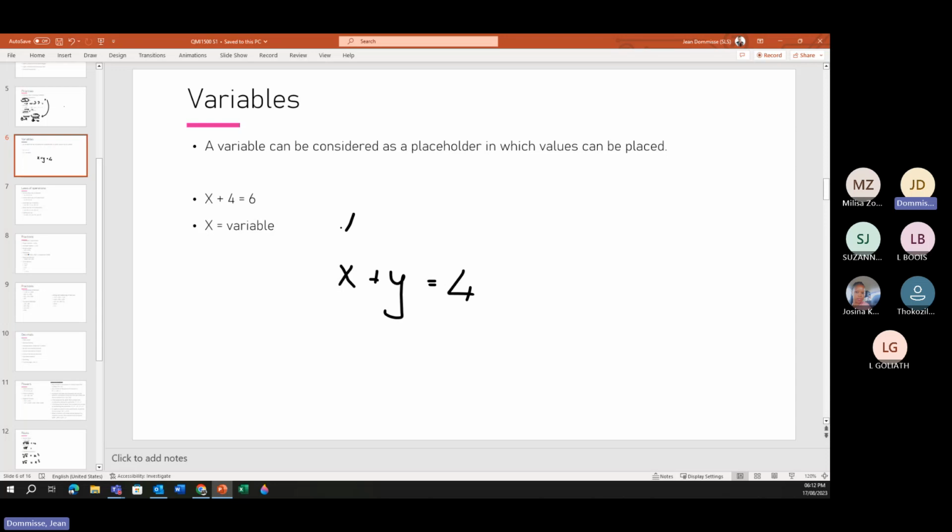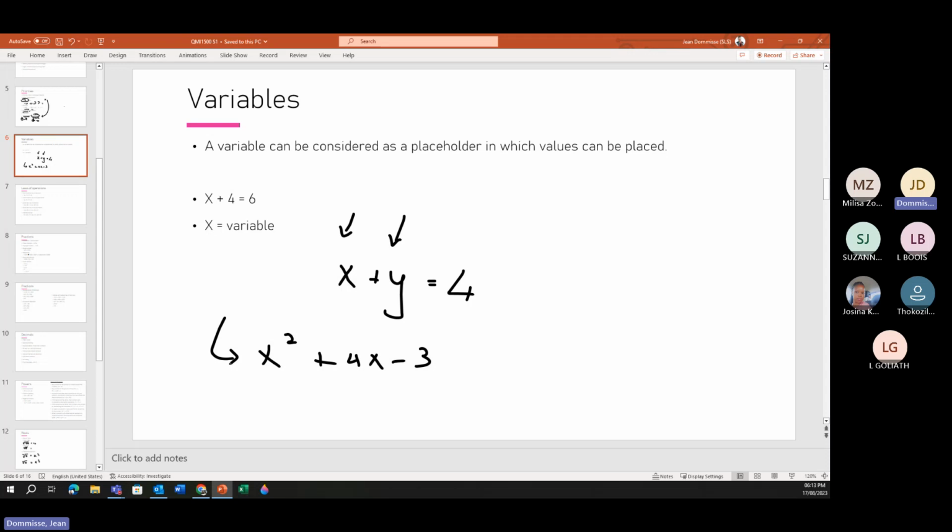So that is just two variables that we are going to use. We will get to the quadratic functions where we're going to sit with x squared, say, plus 4x minus 3 or something like that.